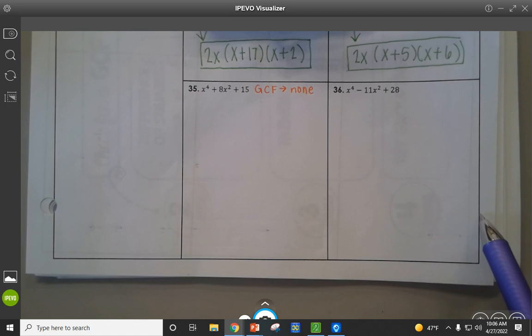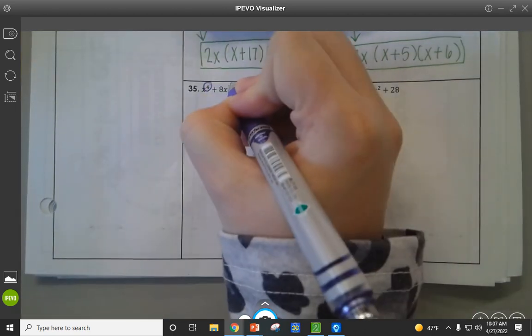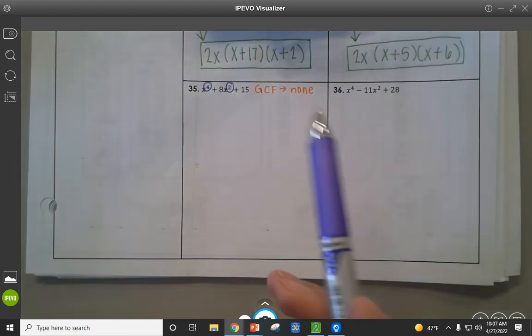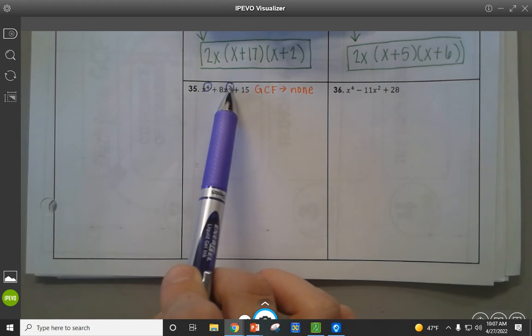We're not looking to see if it's perfect cubes or perfect squares. We have an x to the 4th and an x to the 2nd. All of the other ones had an x squared and just an x.